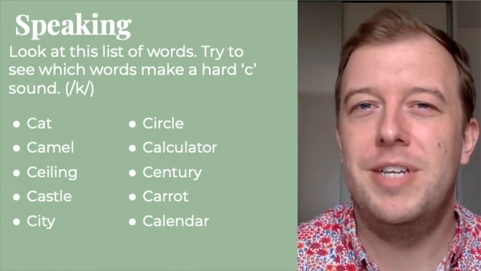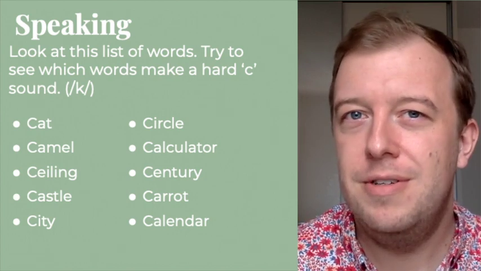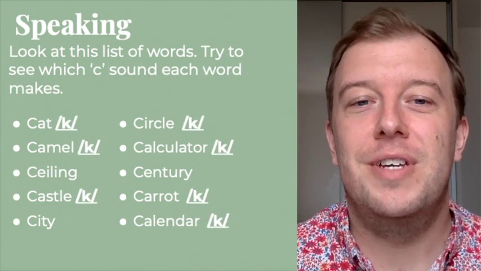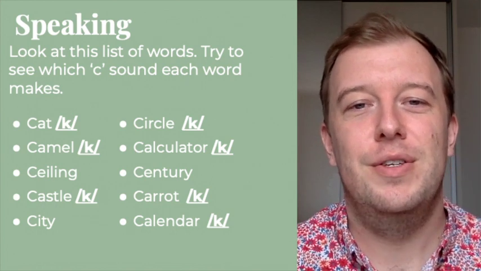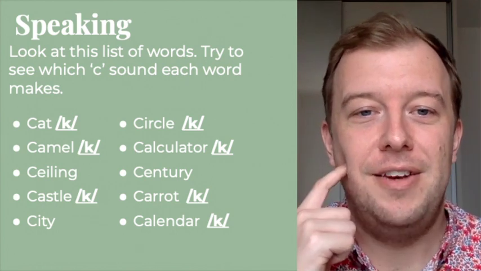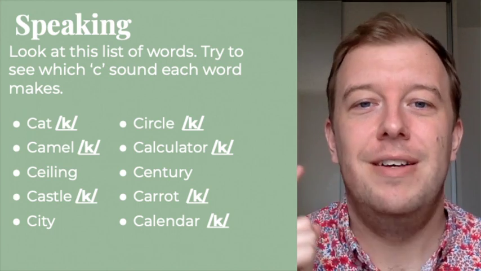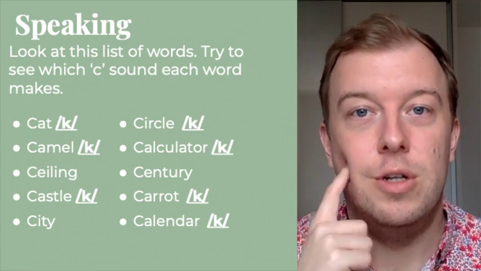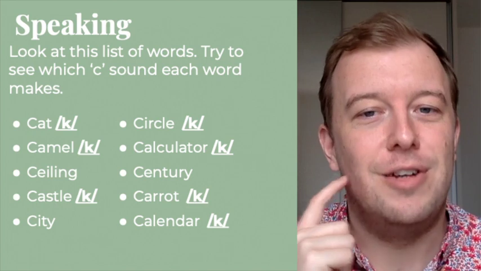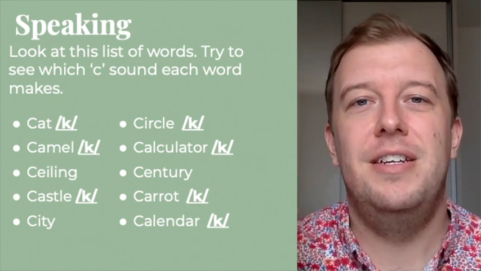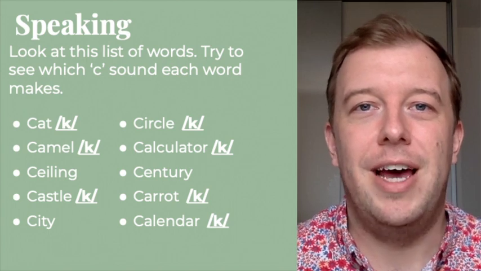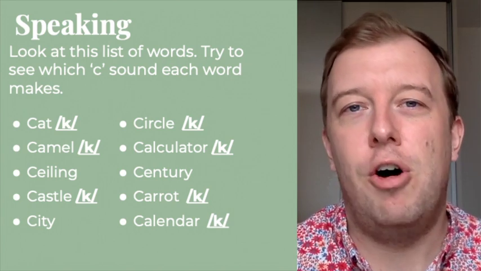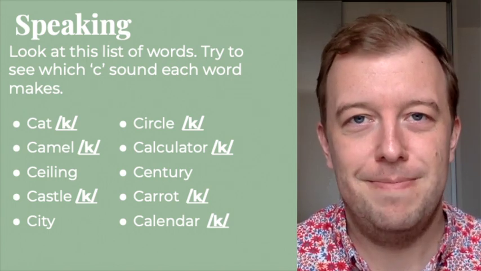Could you hear which ones had the hard C sound? So, let's look at the answers on the screen and go through these together. So, we have cat, camel, castle, circle, calculator, carrot, and calendar. Notice we have that hard C, that K sound in all of those C words.